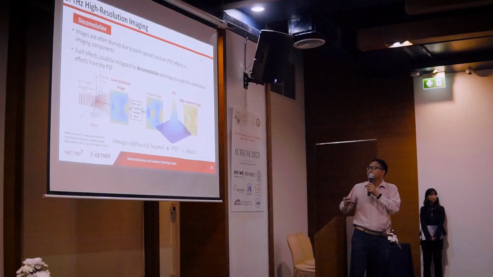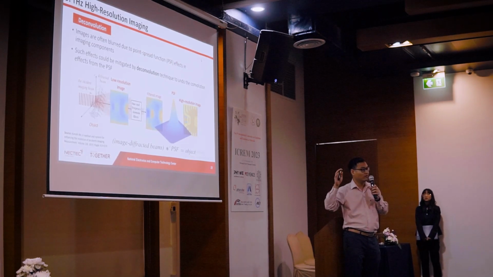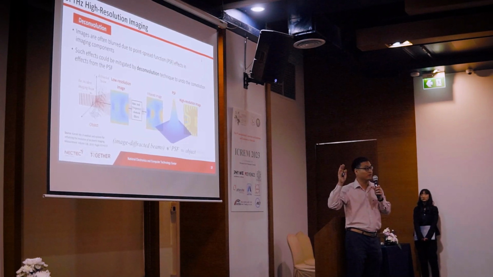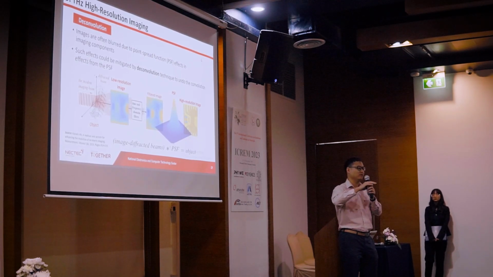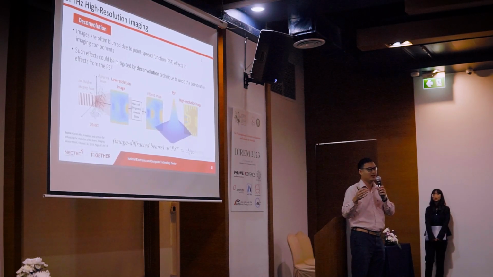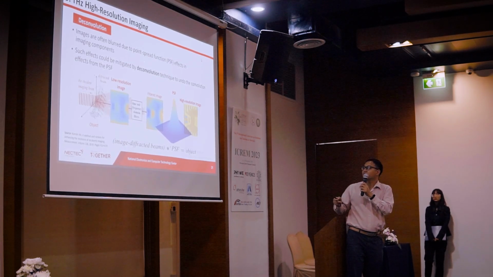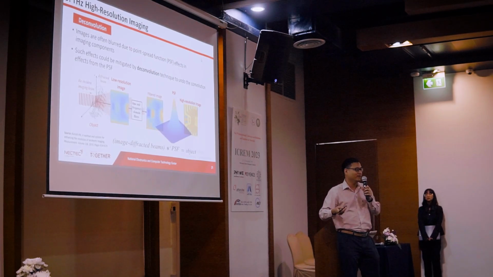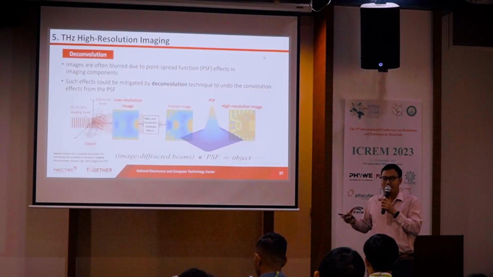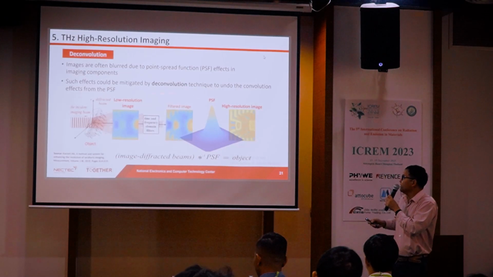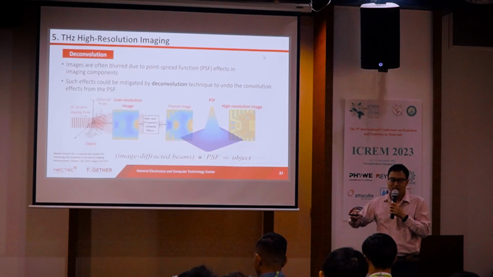The point spread function, mathematically, can be modeled as a convolutional filter. So if you have the image and you apply a convolution filter, you get the blurry image. The convolution models the point spread function of the optical components, and you reverse the convolutional process by doing the deconvolution process to recover the original image.